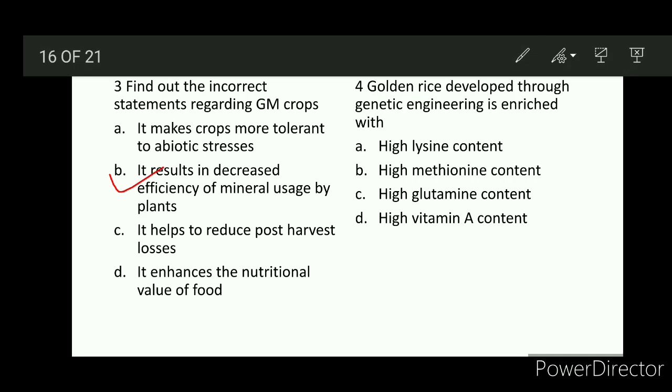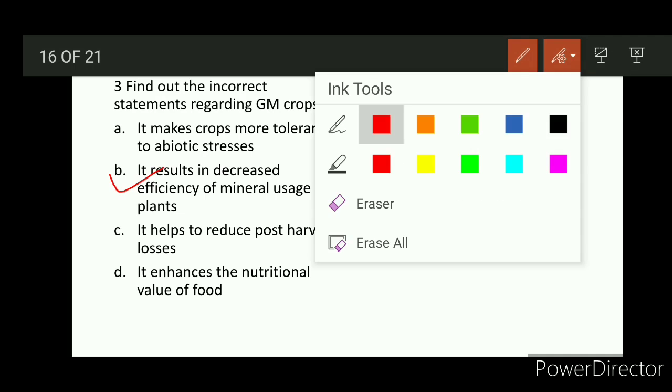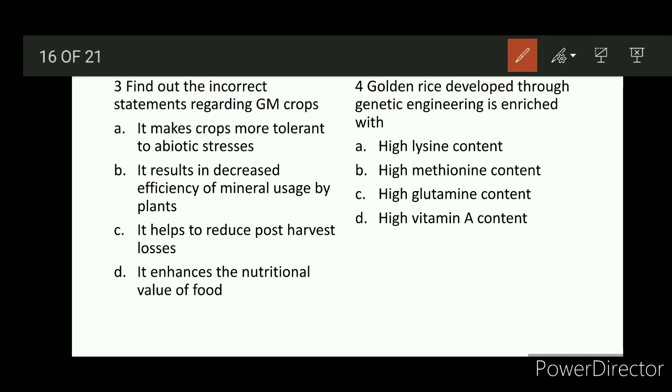Golden rice developed through genetic engineering is enriched with: option A, high lysine content; option B, high methionine content; option C, high glutamine content; option D, high vitamin A content. Just now I explained that golden rice was an example of an advantage of genetically modified plants, that is, enhanced nutritional value of food.